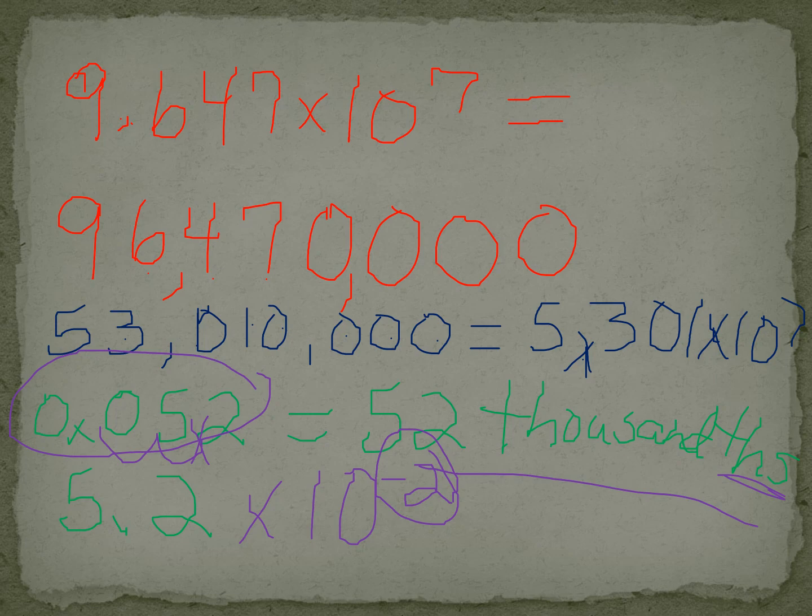So less than 1 in standard form. So 52 thousandths is telling me that it's going to be negative, that my decimal is going to be to the left when I write it out in standard form, like this.